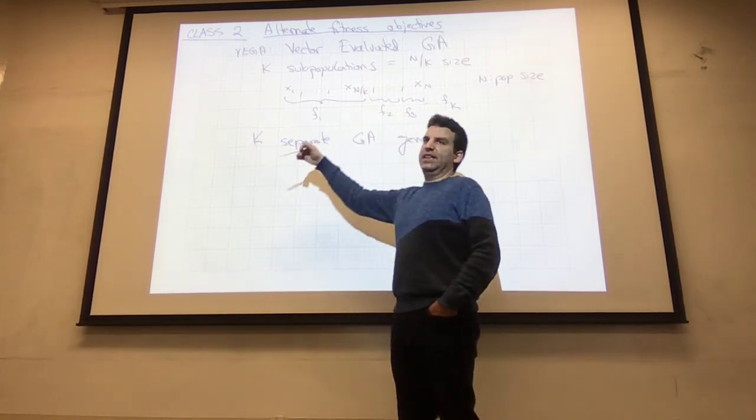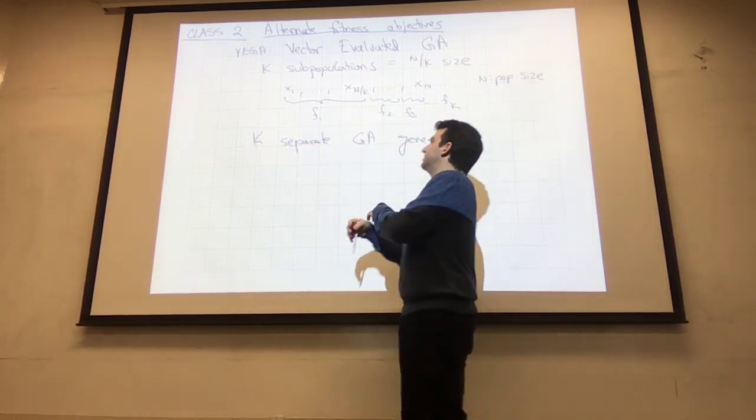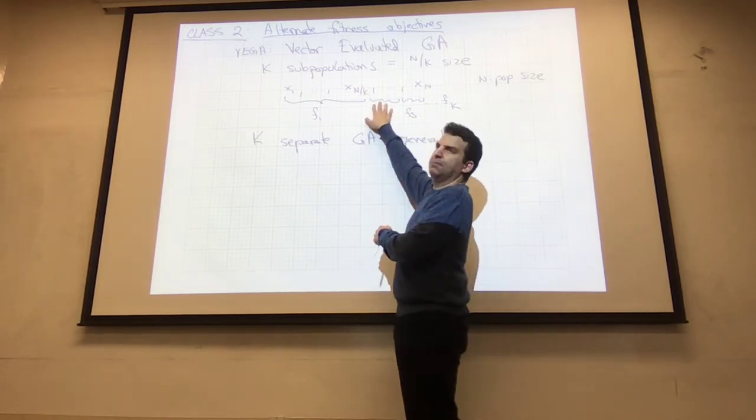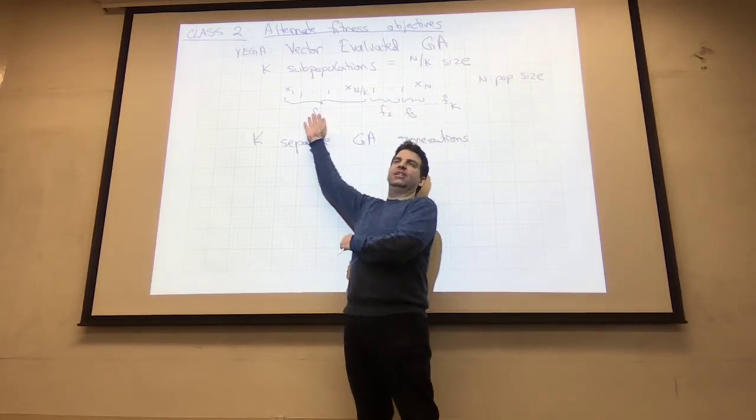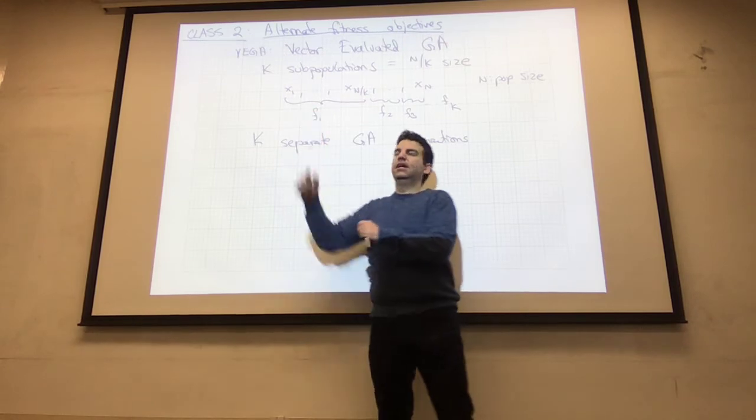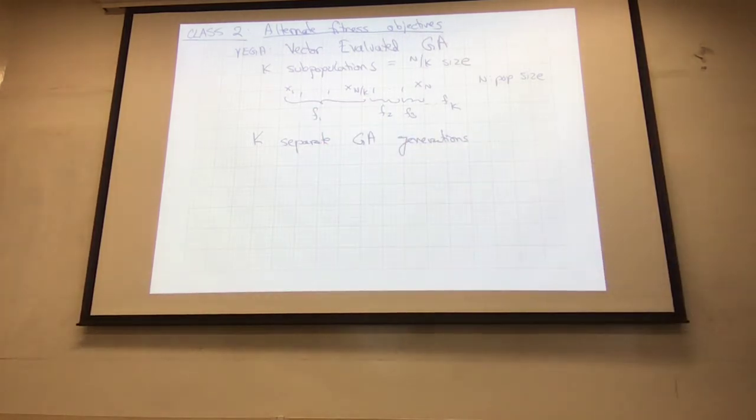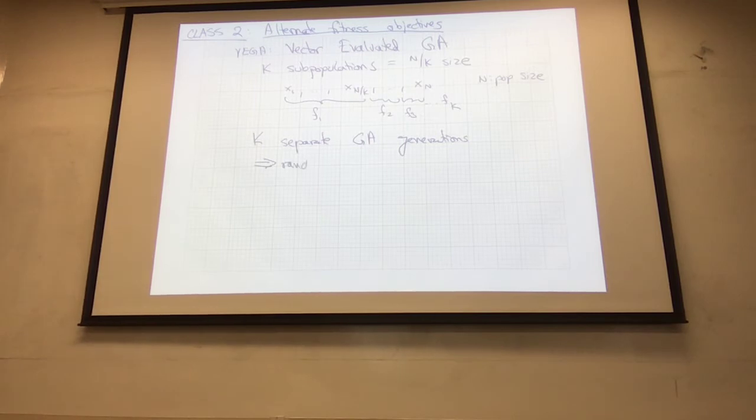By reordering them, you end up sending those that were selected for one population into a subpopulation that's being selected for something else. So: K separate generations with random reordering into new generations between rounds.